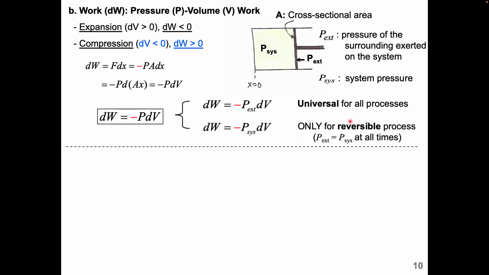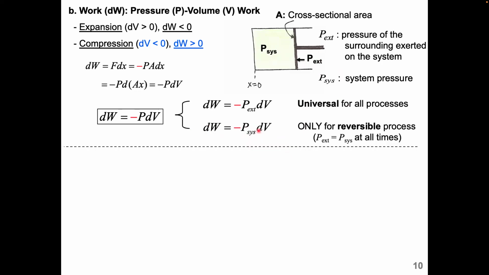Reversible processes usually refer to very, very slow processes. Basically, you compress or expand very slowly, and by making the process very slow, you can ensure the system pressure is always equal to external pressure. Then you can use this equation to calculate.